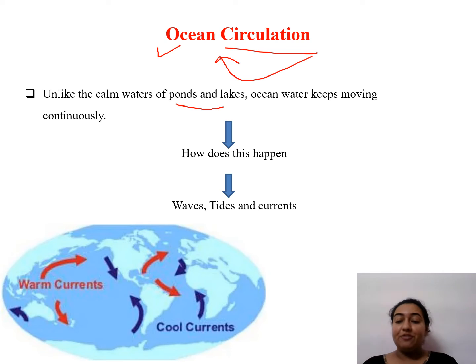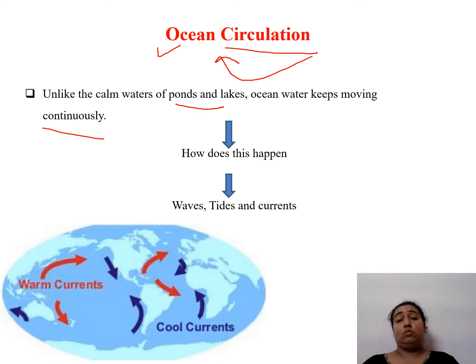Ponds also have a definite end. Maybe they stretch 3 kilometers, 4 kilometers, let's say 5 to 10 kilometers, but they do have a definite end. But oceans don't have a definite end. Because oceans have no proper starting or ending, they keep moving continuously.